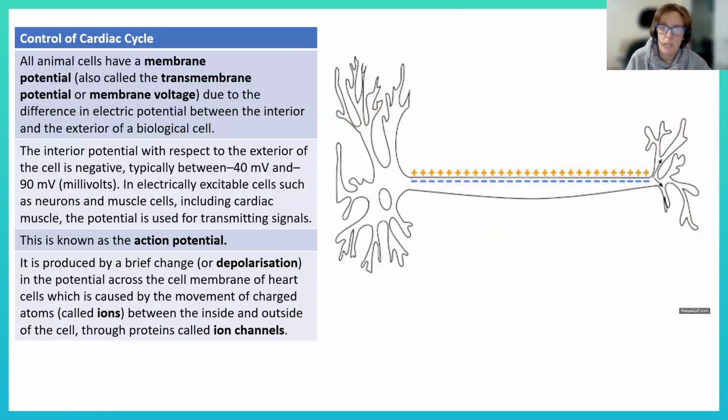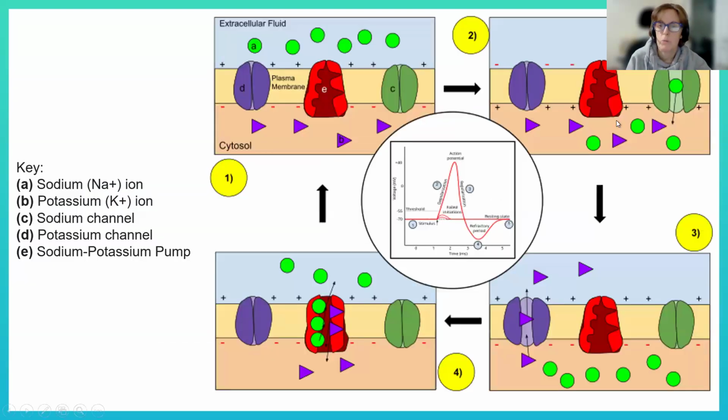So have a look at this. You can see the wave of depolarization becomes positive on the inside compared to the outside once those particles, those ions, move across. And that's what we've got here. This is the positive bit of the depolarization. Then we use this pump. It's actually a sodium potassium pump, the red one, E here, sodium potassium pump.